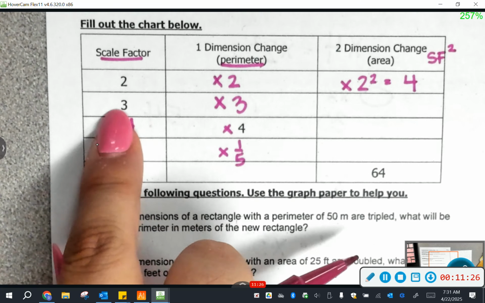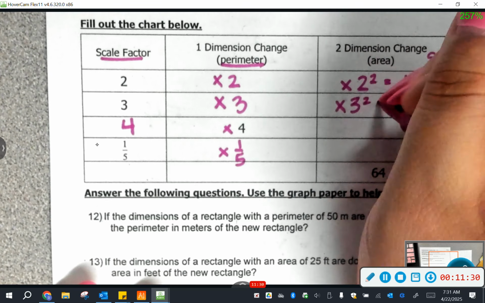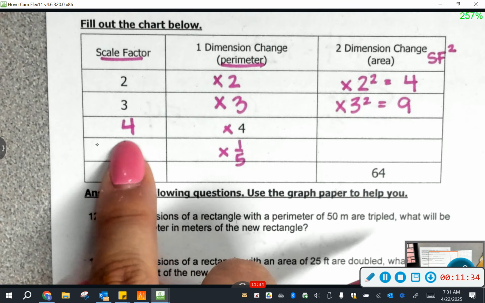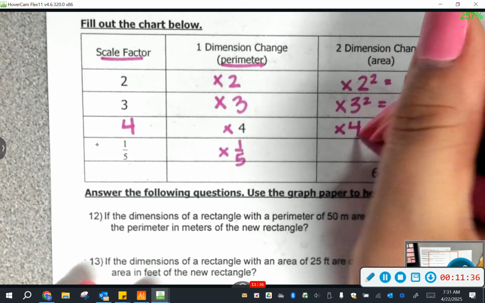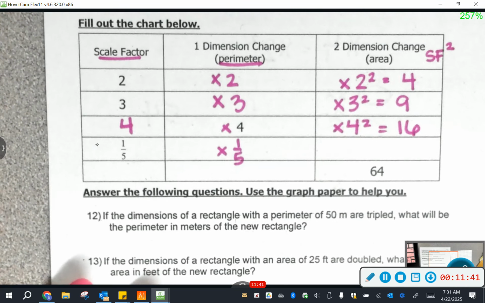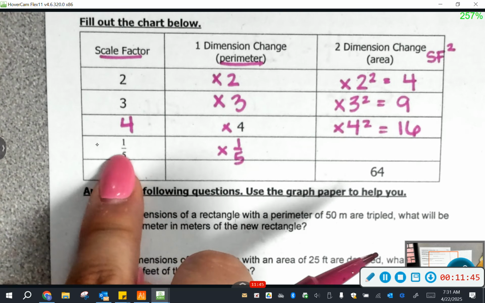What if my scale factor is 3? What am I going to multiply by? 3 squared is 9. What if it's 4? 4 squared is 16. Marco, you writing this down with me? DJ, you writing this down? What if it's 1/5?